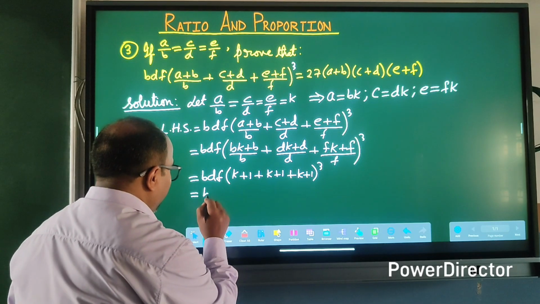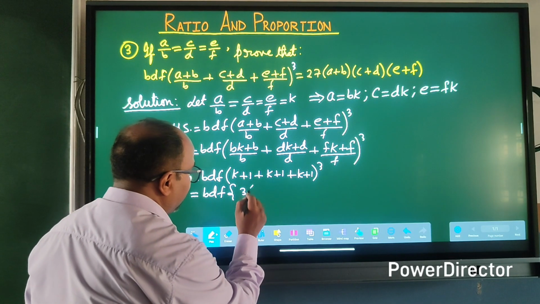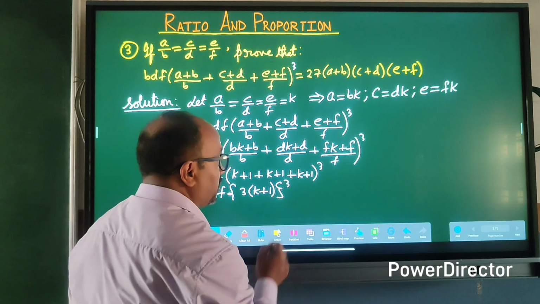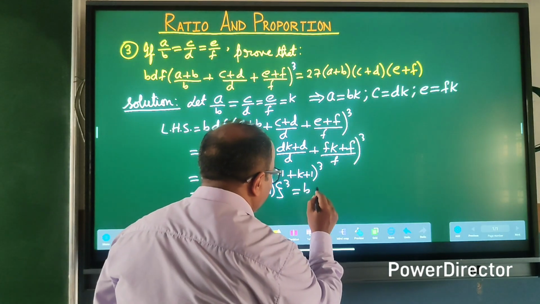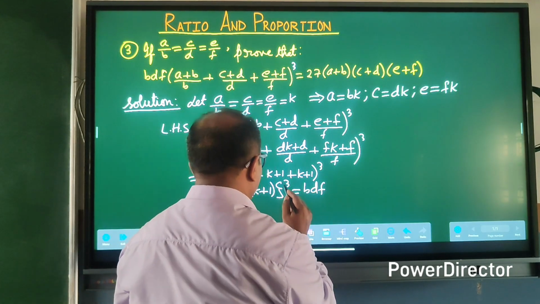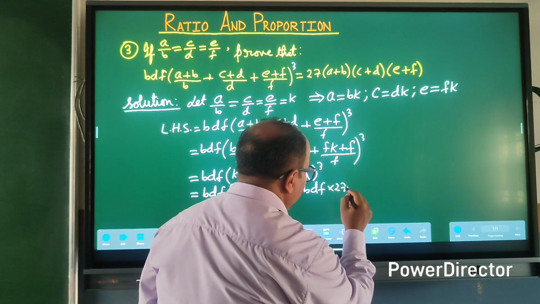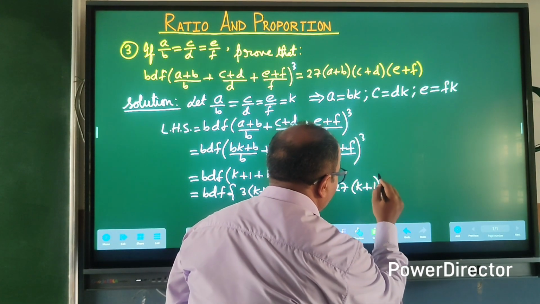So BDF, this will be 3 times (K plus 1) whole cube. So I am going to get it here as BDF, the cube of 3 will give me 27, and then (K plus 1) whole cube.